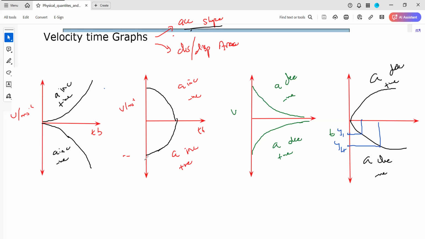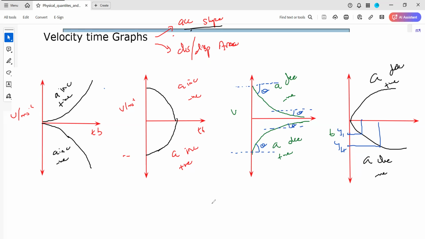Third graph, can you show the angles? For the third graph, if I measure the angle, this is the first angle, this will be the second angle. So the angle is decreasing, it means this acceleration is decreasing. When I measure the angle, this is the first angle, and this is the second angle.